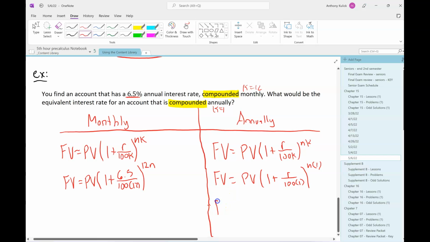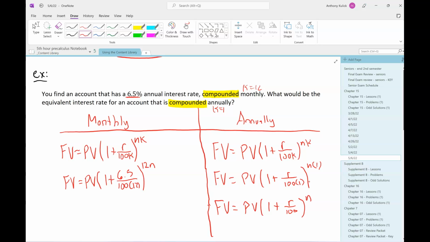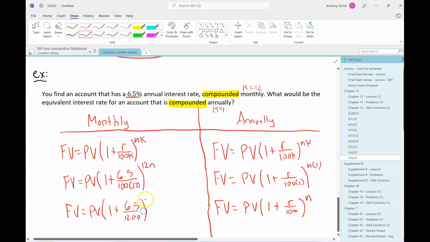Well, I guess we can simplify over here a little bit. I can get to there, right? That's pretty obvious. And what I'm going to do on the monthly side is, again, use that exponent of an exponent property to rearrange things a little bit.